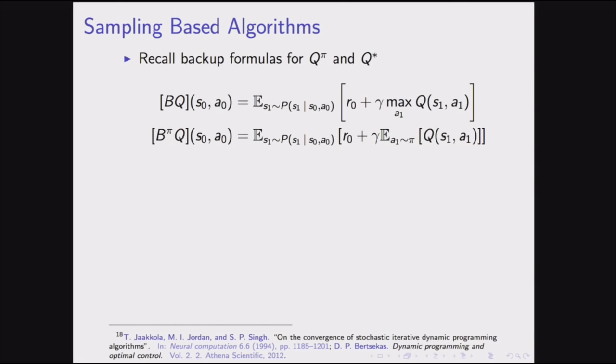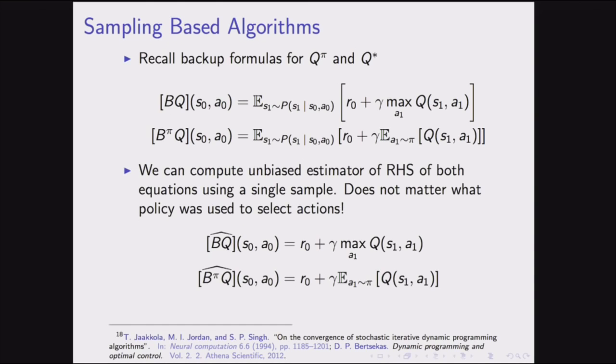So the way it works is, let's recall our backup formulas for Q pi and Q star. In both cases, we have a certain quantity inside an expectation. In both cases, we can compute an unbiased estimator of that quantity inside the expectation, just using a single sample.